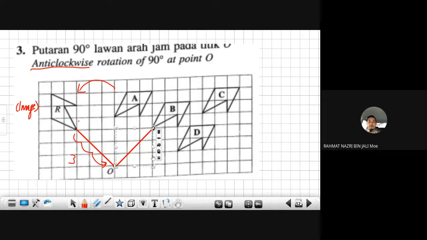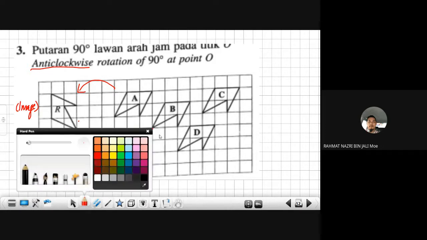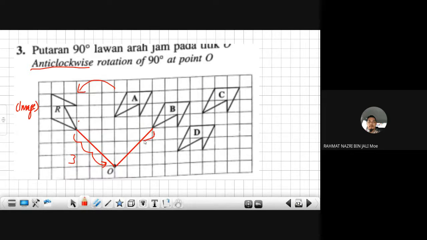Okay, we check the distance, correct or not. 3 diagonal. 1, 2, 3. Okay, this one also 3. So B is the best answer. This is too far, this is far, this is also far. This is 4 distance. So the object is B.